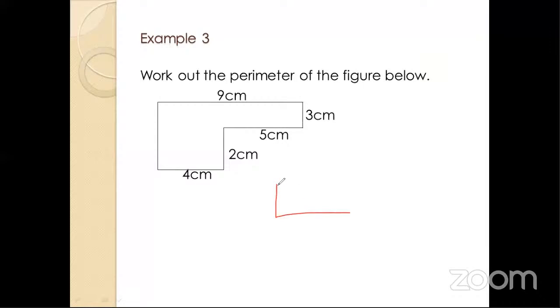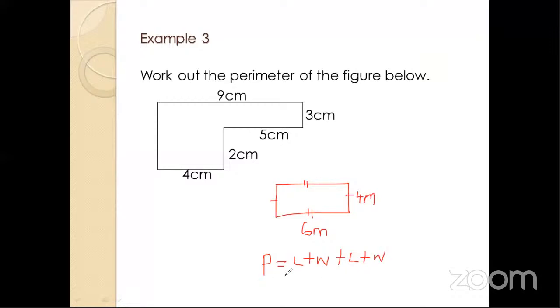If you have a rectangle here, maybe this is our last question, and in this case, maybe they have said 6 meters and here they have said 4 meters. So you can say perimeter is equal to length plus width plus length plus width.